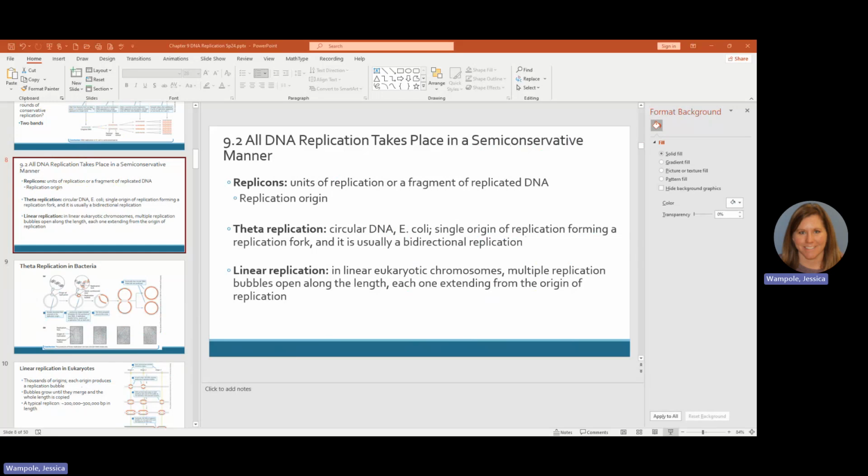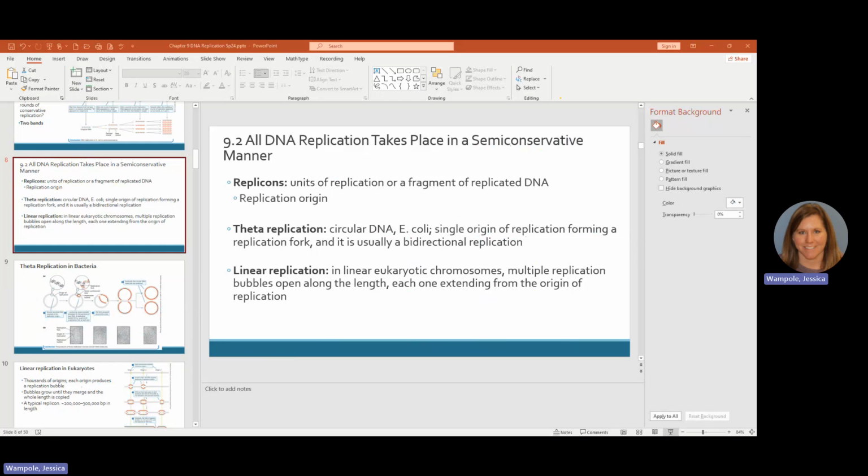So on both of our strands, we have both continuous replication and discontinuous replication. But overall, each strand is still being built 5' to 3'. So if we look at this strand up here, I know that it shows all just continuous.